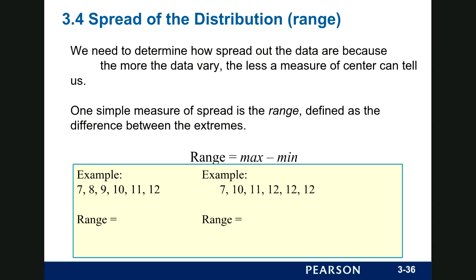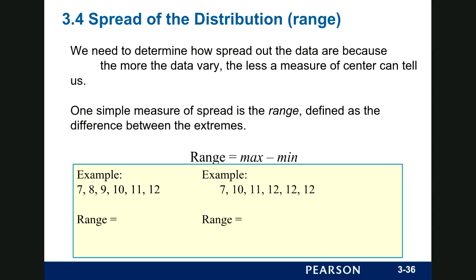Let's look at these two examples. First example has these observations: 7, 8, 9, 10, 11, 12. And if I look at my formula to calculate range, what's the answer for range? Let me pick someone. Xin Ming Wan, what's the answer for range?